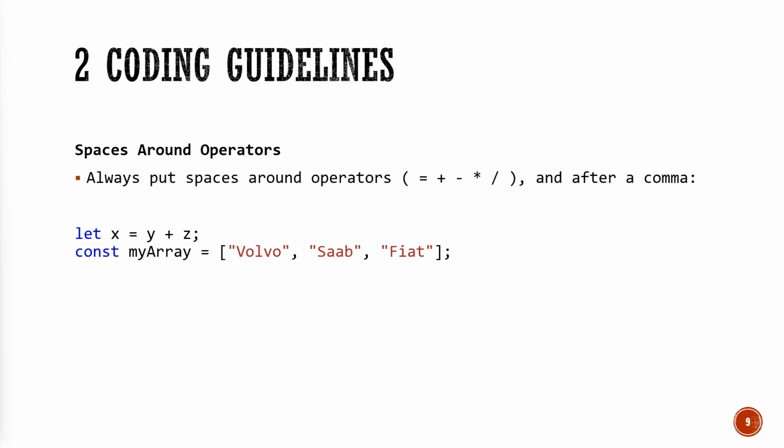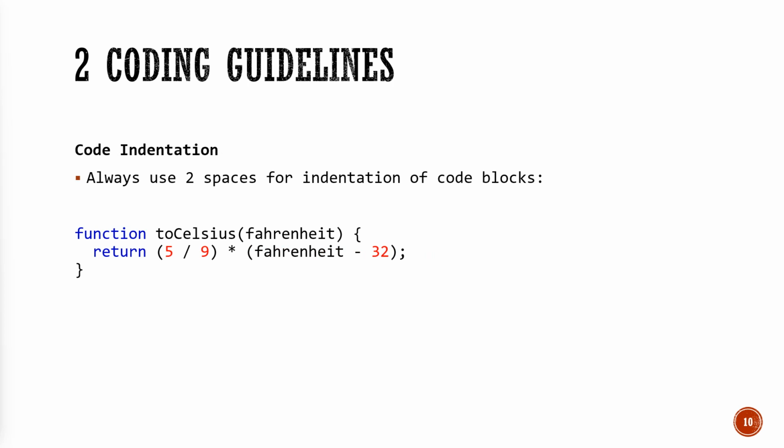Okay, so next, we need also to consider code indentation. Always use two spaces for indentation of the code blocks. We have here an example of a function, and the name of the function is toCelsius with a parameter of Fahrenheit, having an open curly bracket.